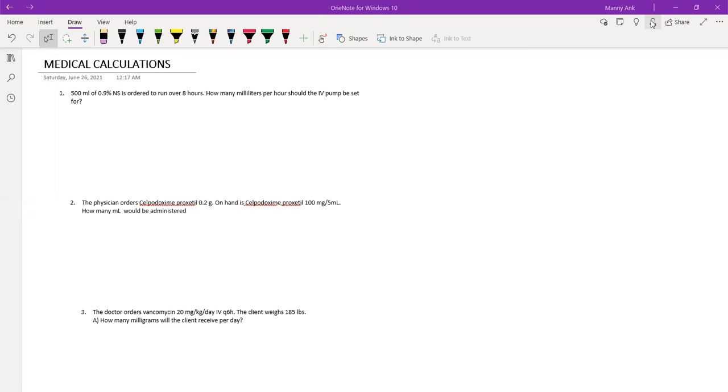Now, there are three types of questions you come across when you're dealing with medical calculations. The first one is what I call the one-factor problem.